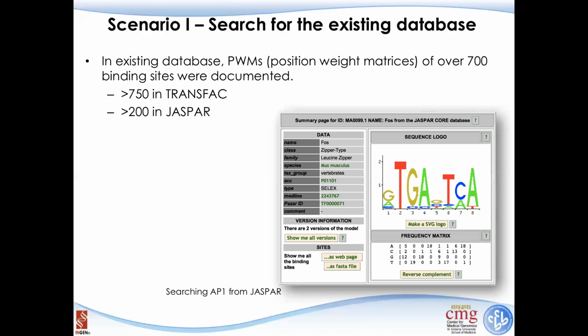You can also find the frequency matrix, or counts, which constitute the sequence logo. You can get all the information, and then you can use that to scan the regions you got from ChIP-seq, to see how good or how bad your experiment is.